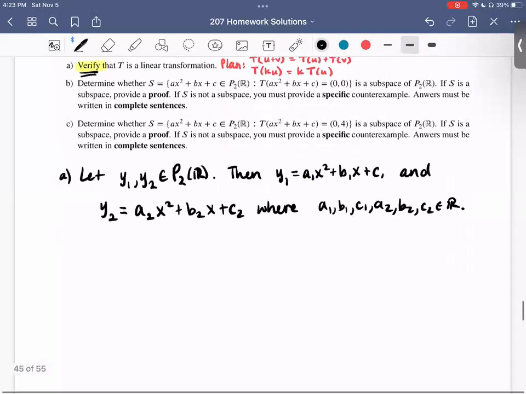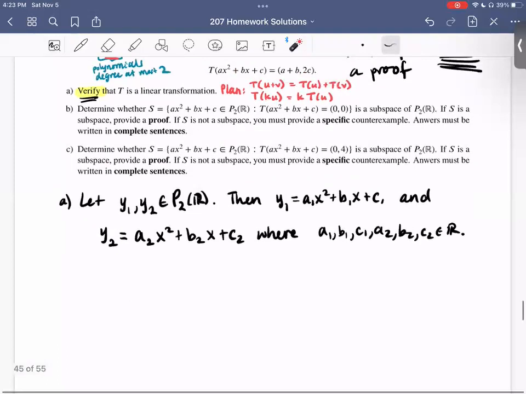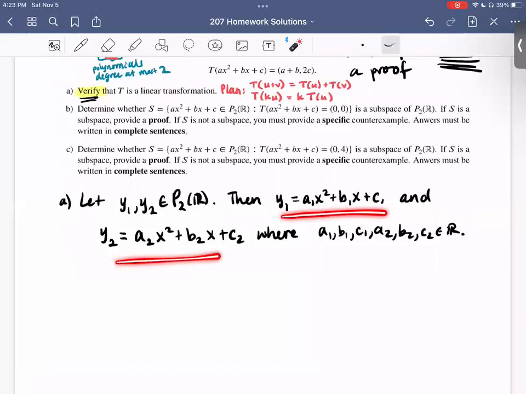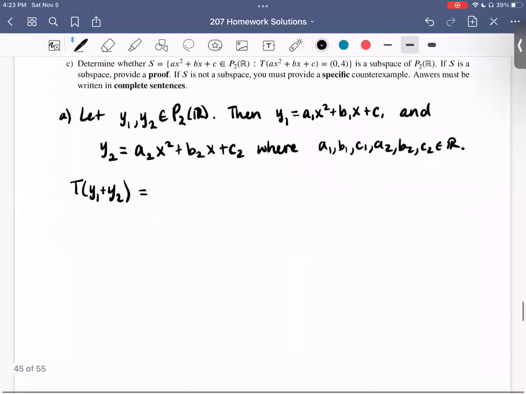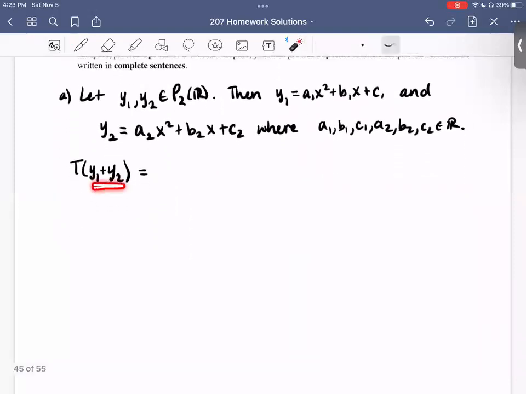Now I want to show that if I transform the sum of these 2 polynomials, I get the same thing I would get if I had just transformed each one individually and added them together. So let's look at what T of y1 plus y2 looks like. We do what's in the parentheses first.